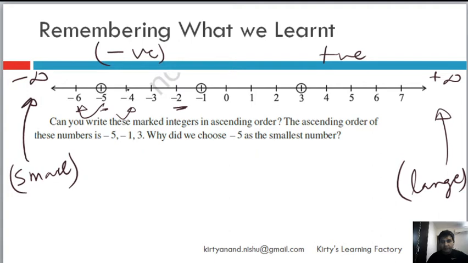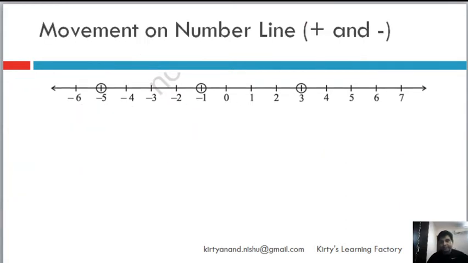Now if the number were minus 4, minus 5 would be the smaller number because it is to the left of minus 4, and minus 3 would be the larger number as minus 3 is to the right of minus 4. I think we learned all of it in class 6th.